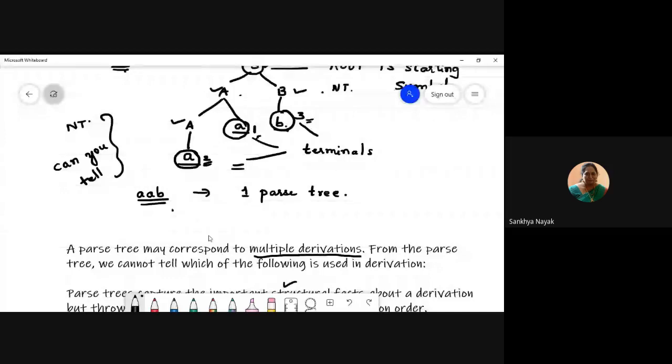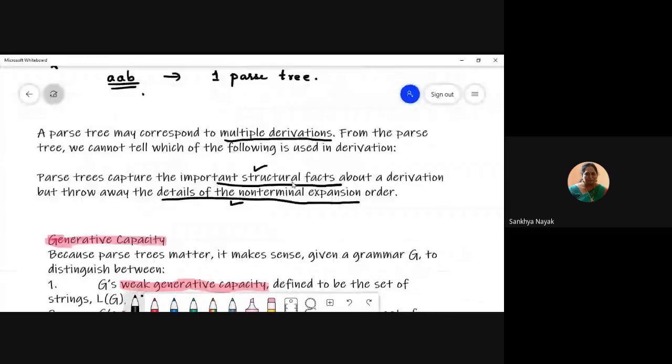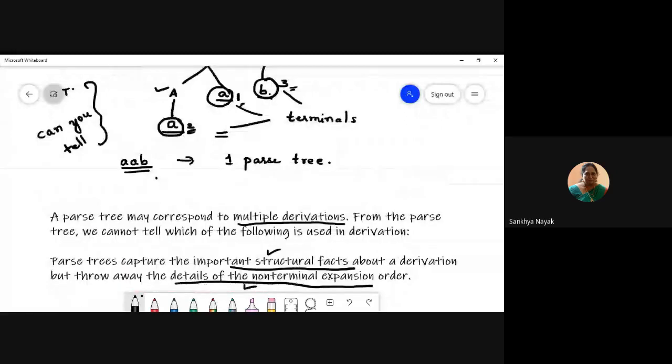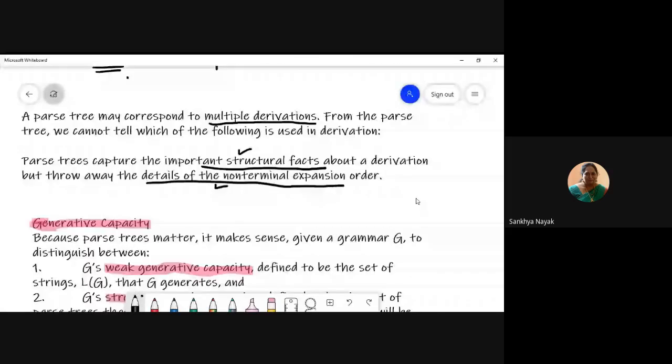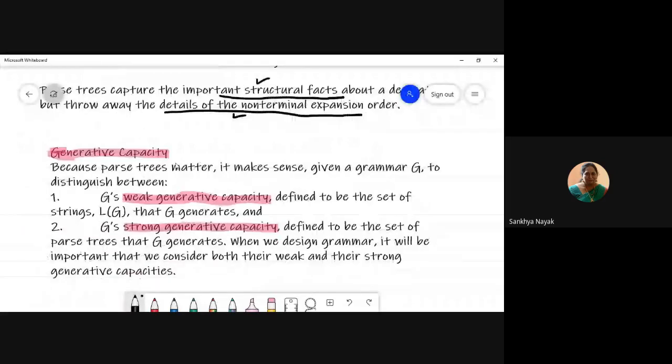That's the first point. The second point is, it only tells us about the structural facts, how it looks in derivation. But I don't know the order in which these were expanded when I look at the parse tree. There is one term called generative capacity. There is something called weak generative capacity and strong generative capacity. Simple.